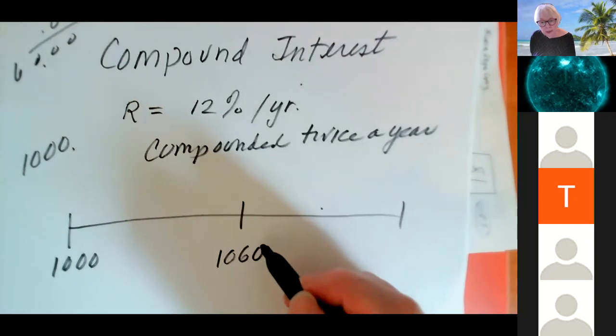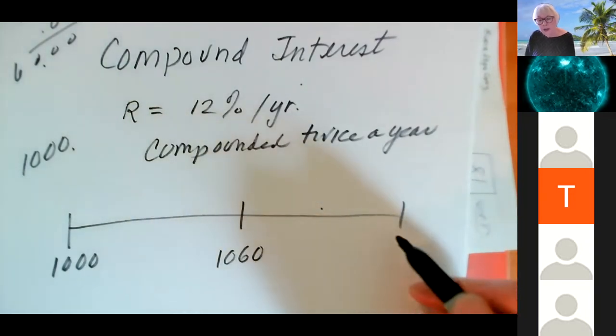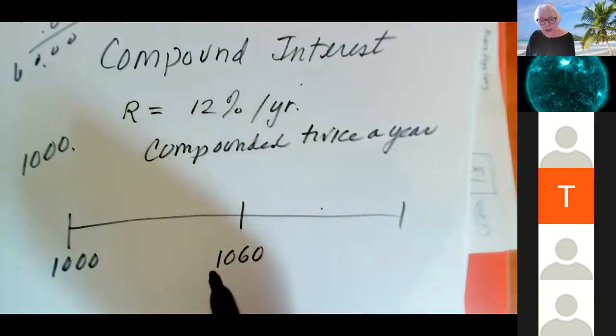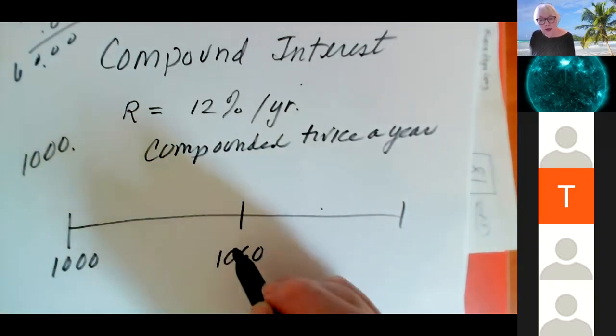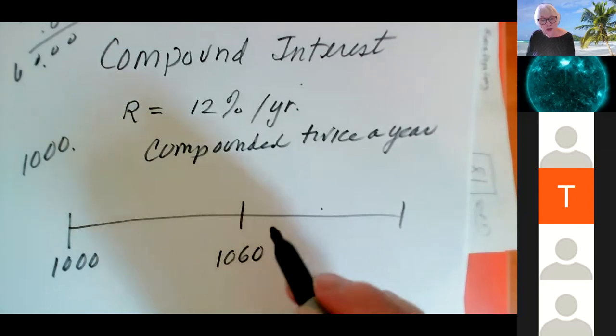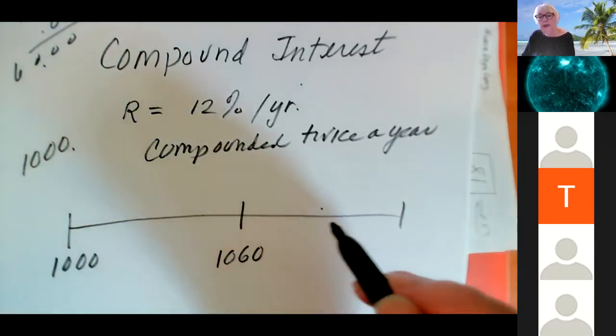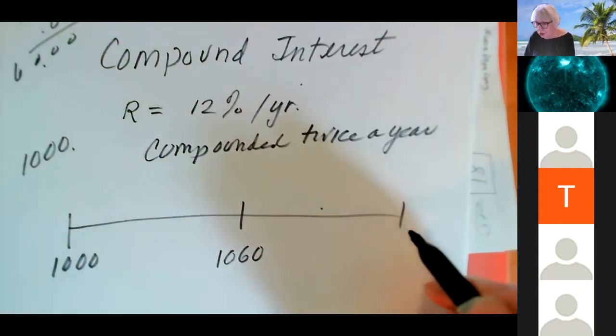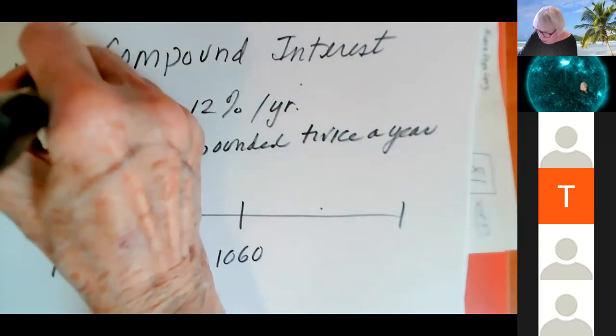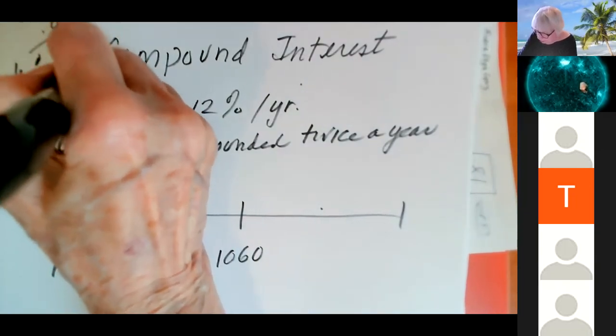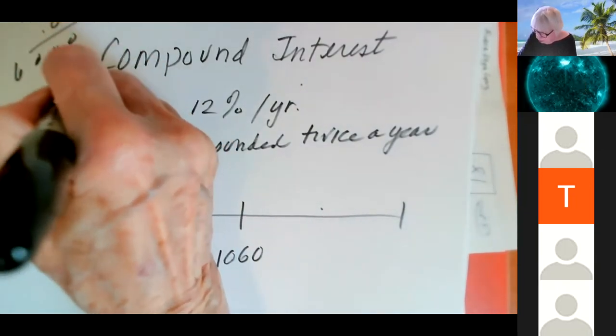With compound interest, when you calculate your amount over here, it's based not on 1,000, but on 1,060. So you're getting interest on the interest. And so 1,060 times 0.06 is 63.60.